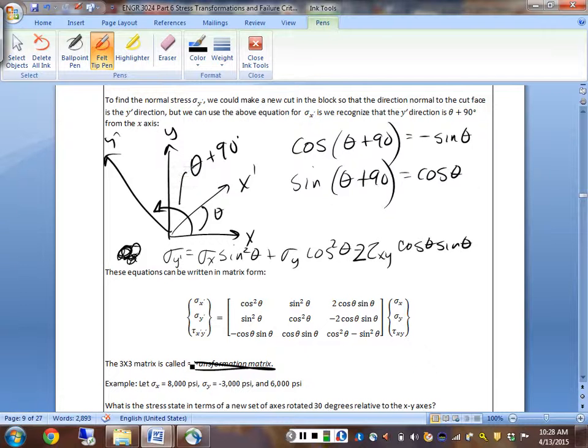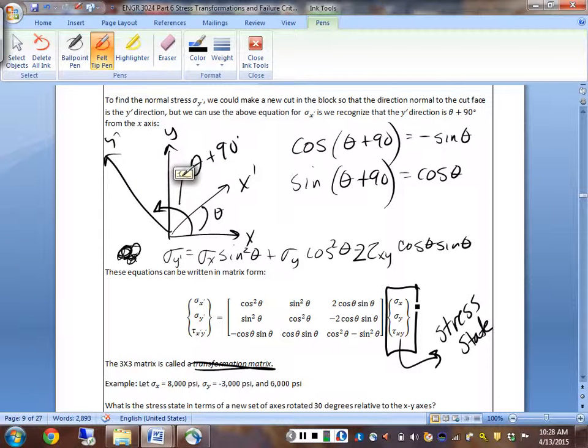So I can give you any arbitrary, what is this thing right here called? That collection of sigma x, sigma y, tau xy? This is your stress state. Not talking about the math of it, what is it in here?